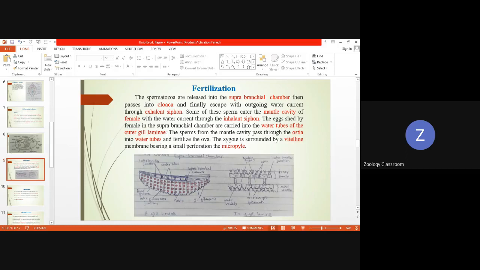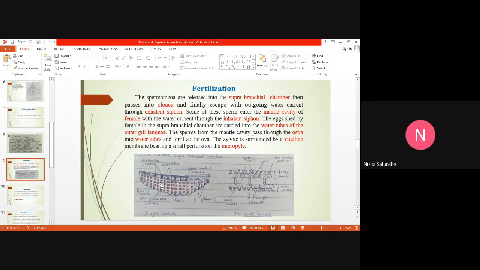From this infrabranchial chamber they are taken through the ostia into the water tubes. And what is already sitting in the water tubes?